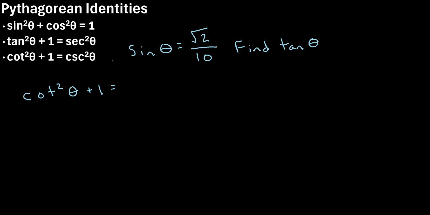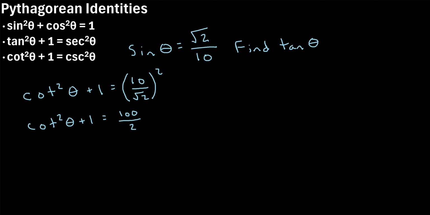We said the cosecant is just 1 over the sine of theta. The way that we can write that is just the reciprocal, in other words, we'll switch the numerator and the denominator. So we can write that as 10 over the square root of 2, and remember we have it squared. So we're left with cotangent squared of theta plus 1 is equal to 10 squared, that's 100, over the square root of 2 squared, which is just 2.